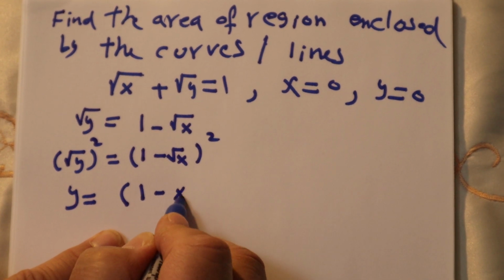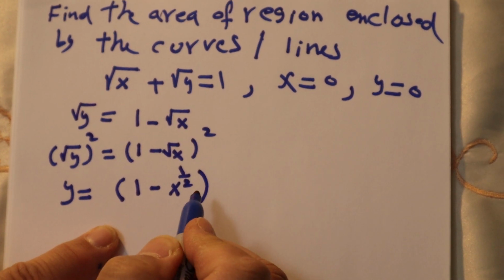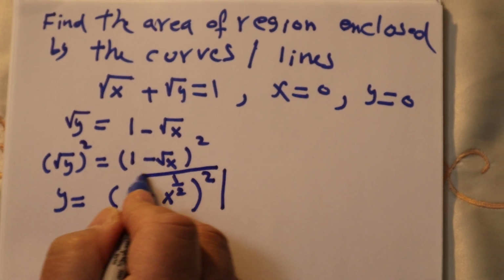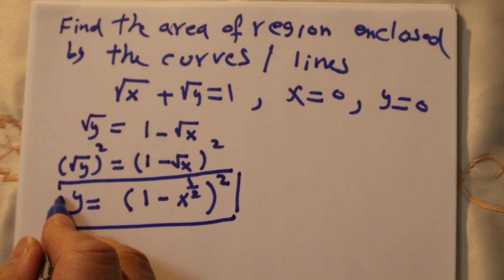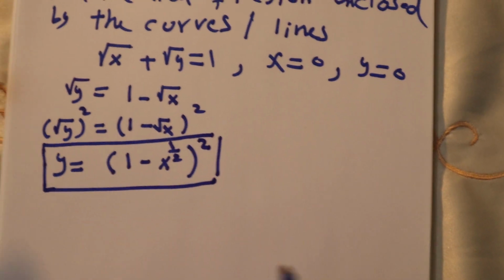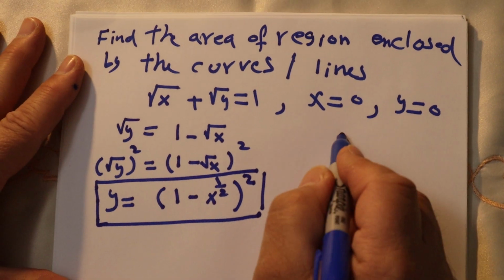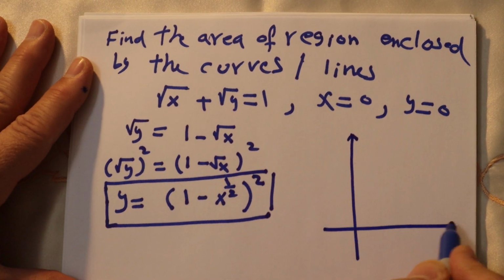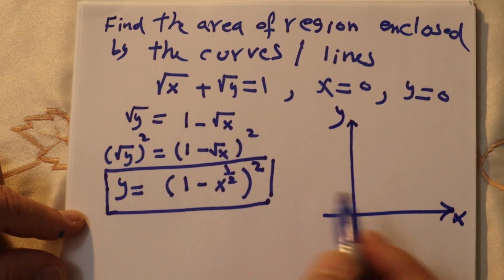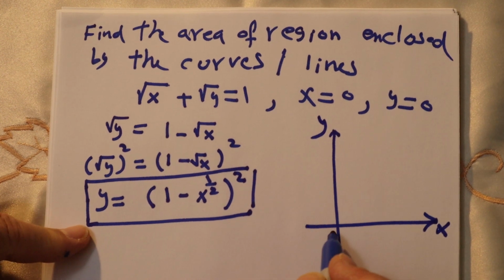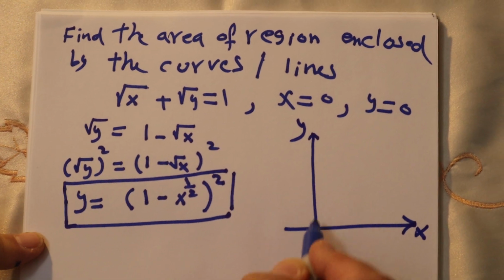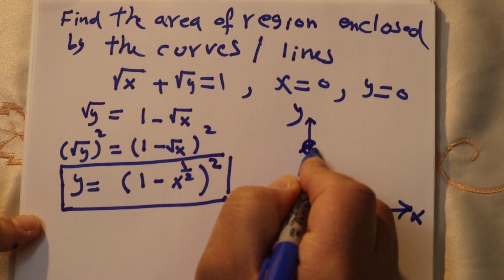You could convert it to x exponent a half to make it easy to integrate later, all to the second power. So this is the first function that we prepare before we do the integral. If you want to figure out how the curve looks, plot some points on x and y. If x is 0, the radical cancels and y equals 1, so 0, 1 over here.